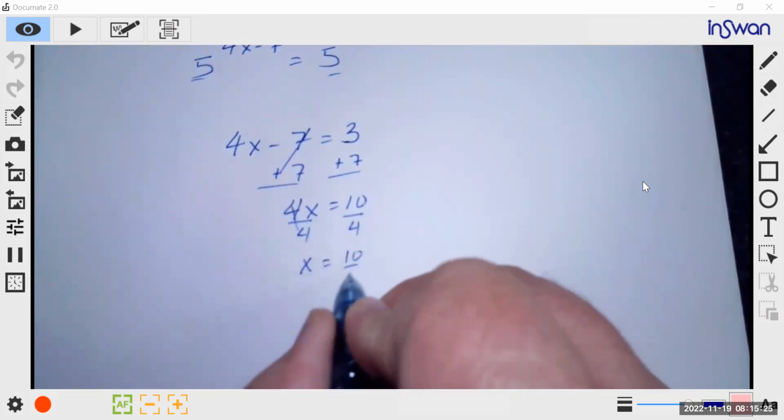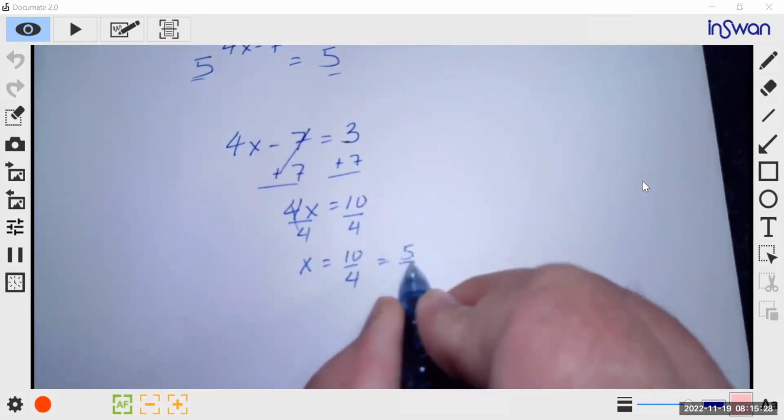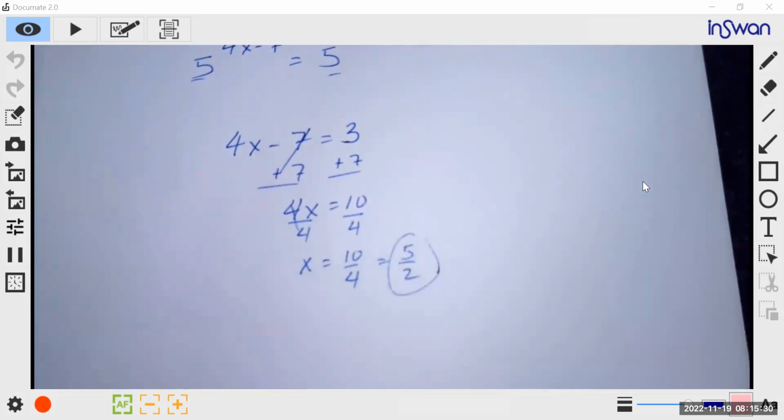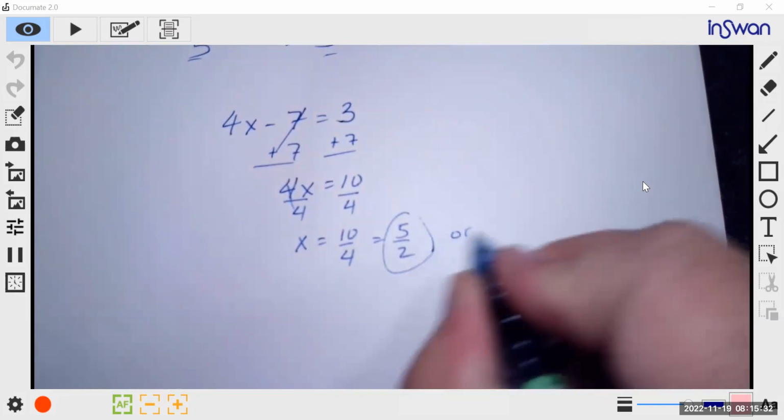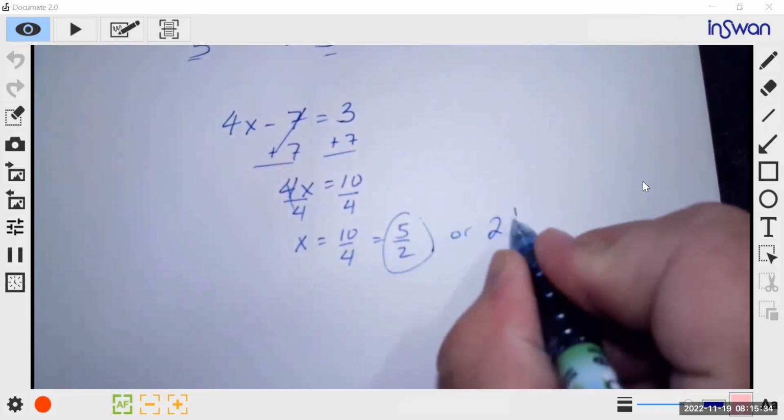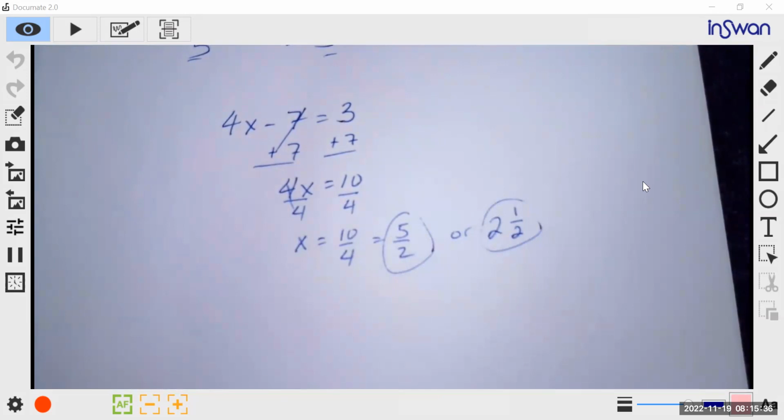X equals 10 over 4, which could be simplified to 5 over 2, or 2 goes into 5 twice with 1 left over. So one of these two, the computer will take.